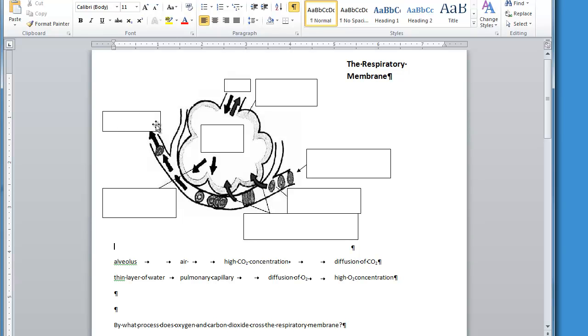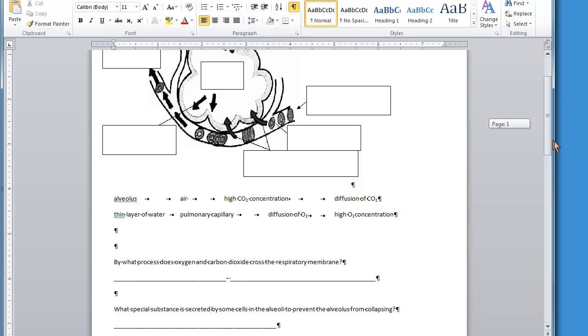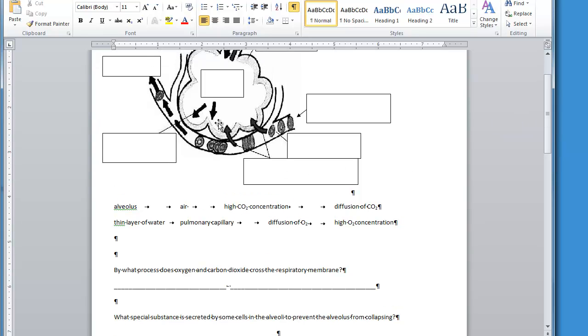So we have this constant exchange of gases, as we can see here, across the respiratory membrane, where we have carbon dioxide leaving the pulmonary capillaries and entering the alveoli of the lungs, and oxygen leaving the alveoli of the lungs and entering the pulmonary capillary. So the process by which this occurs, where carbon dioxide and oxygen can pass through this membrane, is by diffusion. So the answer here is diffusion, and it's from high to low pressure.